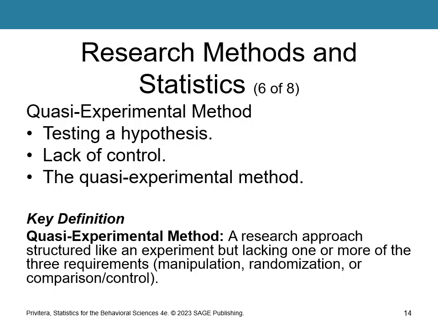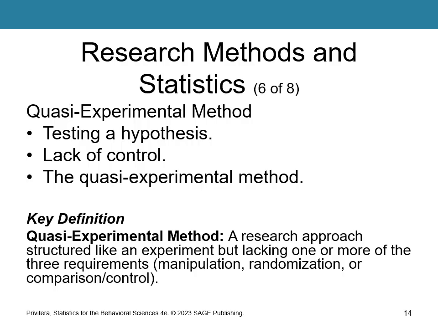We simply can't tell. So a study becomes a quasi-experiment when it 1. Lacks random assignment, 2. Includes a pre-existing variable, one that wasn't manipulated, and/or 3. Does not include a comparison or control group.